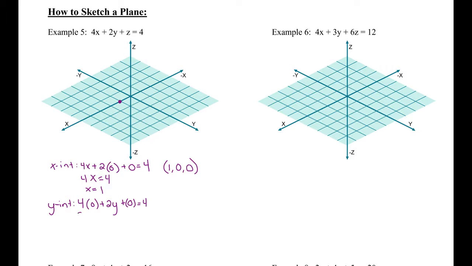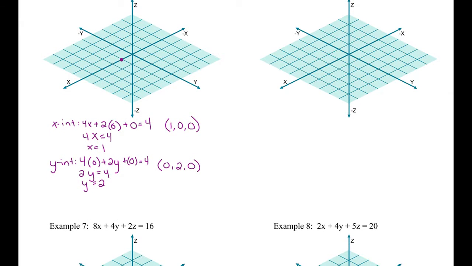So I would get 2y is equal to 4, or y is equal to 2. So this would be the ordered triple 0, 2, 0, because I plugged in zeros for the x and the z. So on my y-axis, I would travel 2 in a positive direction. So this would be my y-intercept.